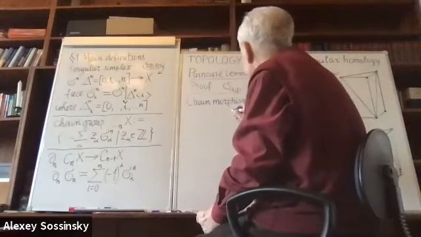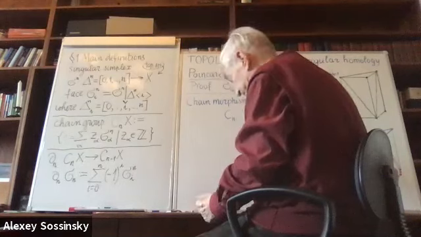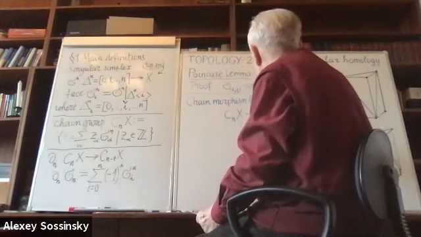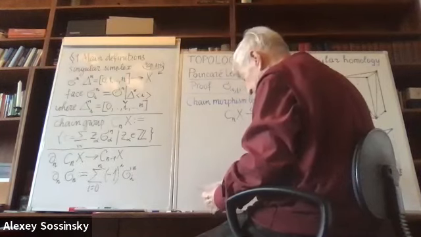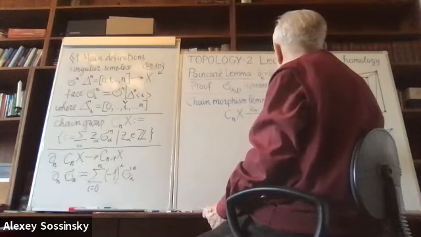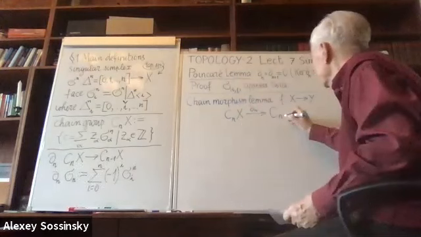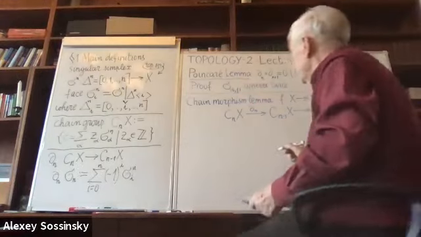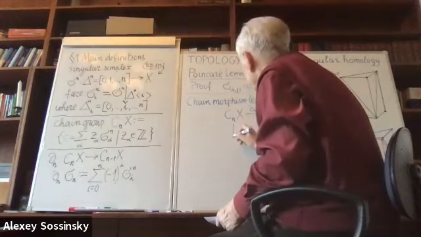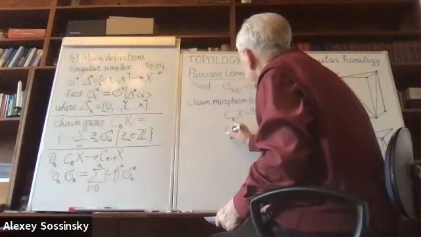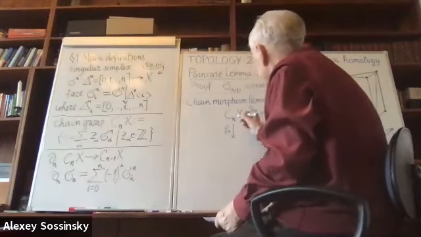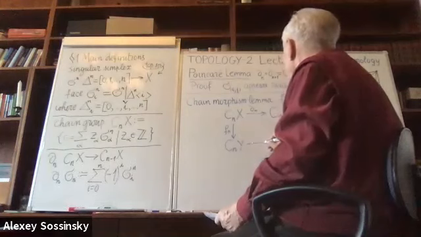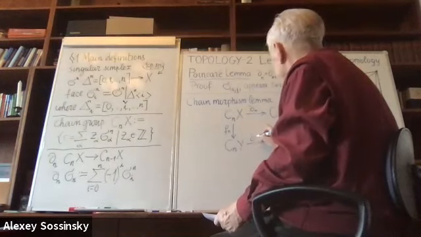Let me write it out. So we have Cn of X. We have the boundary operator Dn working here, which takes this chain group to Cn minus 1 of X. And then this continues. Here we have Fn, which takes this chain group to this corresponding chain group in Y. Here we have delta n.